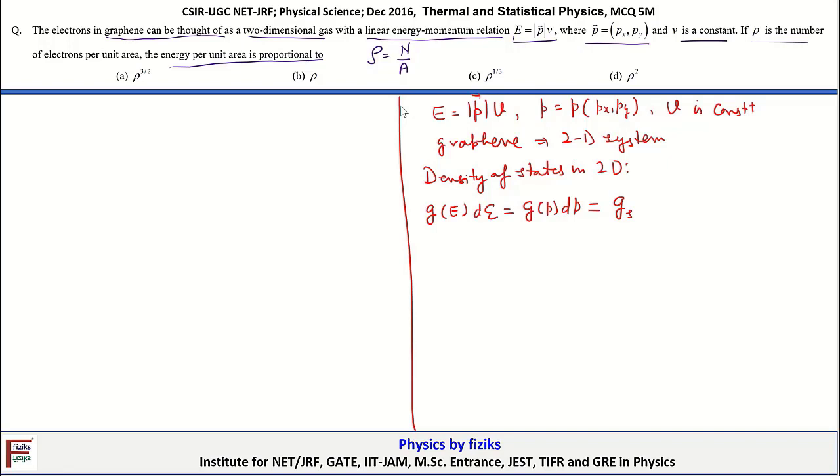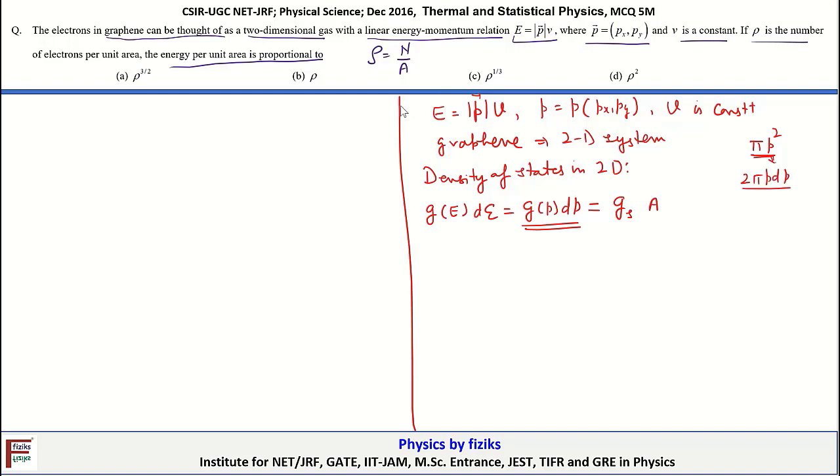You can say in 3 dimension it's the volume, in 2 dimension it's the ordinary area multiplied by the area in the momentum space, that will be pi p square. But because we are talking about the momentum range or the energy range, from this expression we will obtain, by taking its differential with respect to p, 2 pi p dp.